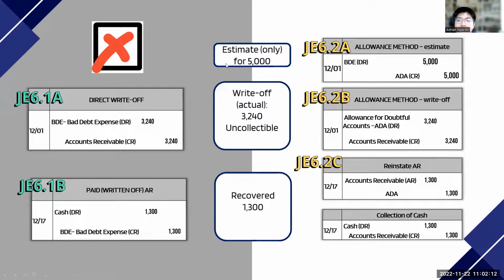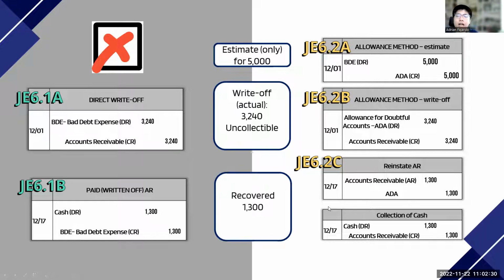So walang recording kapag estimate losses. But when it was actualized losses or parang deemed uncollectible, ito yung direct write-off, BDE, AR, pero ito yung sa allowance method. And then when you recovered, ito yung sa direct write-off, and then ito yung sa allowance method.